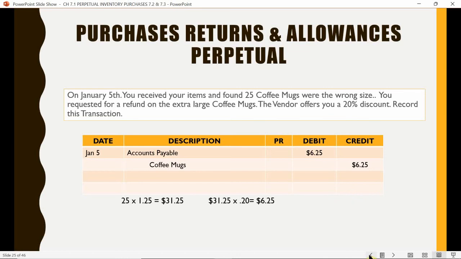If you sell more than one item, you'll have coffee mugs, you'll have tumblers, you'll have coffee grounds, I don't know. You'll have more than one item in inventory. And when we're using perpetual inventory, you only have that one account and one account only. Any questions here?